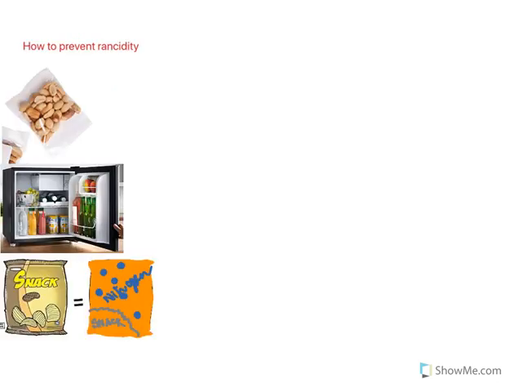Now we'll learn how to prevent rancidity. Number one is to pack food in airtight containers. When you have airtight containers, the air is removed, which means the oxygen is removed. And when this oxygen is removed, there is no oxygen available for the oils and fats to undergo oxidation. Have you seen these little peanut packets?